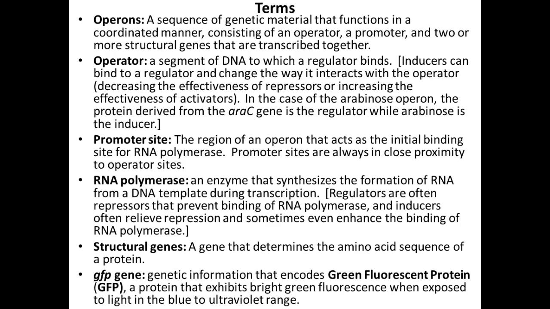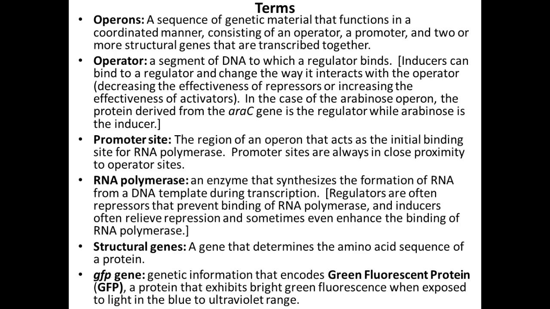So notice I mentioned regulation. Some of the genes that we have are under regulation. We're only going to utilize that information when we need it. So the same is true for things like bacteria. They don't always utilize the information they have, especially when it comes to sugar metabolism.